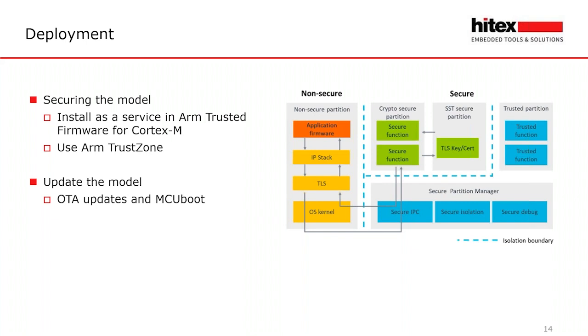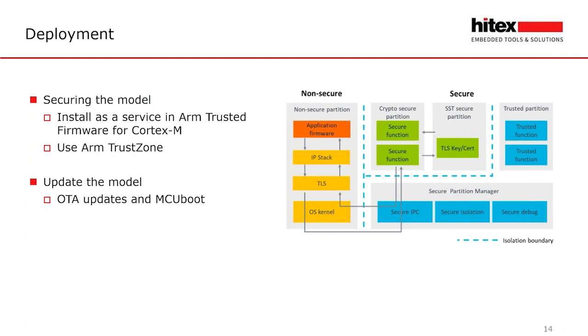So this has a block of firmware called Trusted Firmware that's designed to run in a secure partition. So here we're creating a partition between our non-secure application code and then a secure region of protected code where we can run various services.